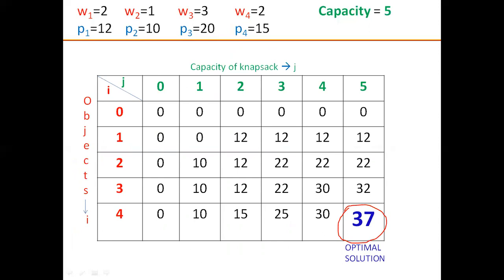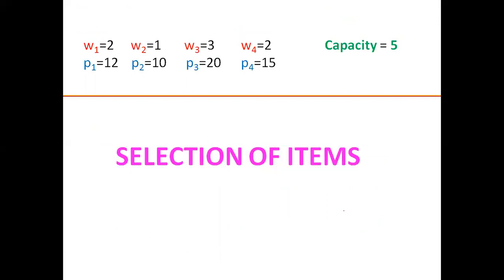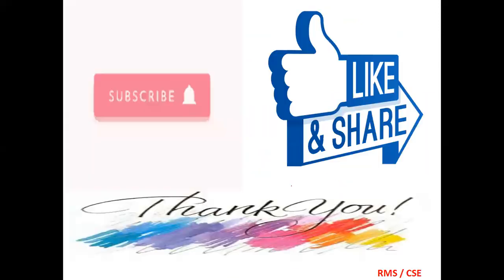So this is how, by using dynamic programming, optimal solution can be obtained. In my next class, we'll discuss to get this maximum profit, which object should be selected. So selection of the objects will be discussed in my next video.